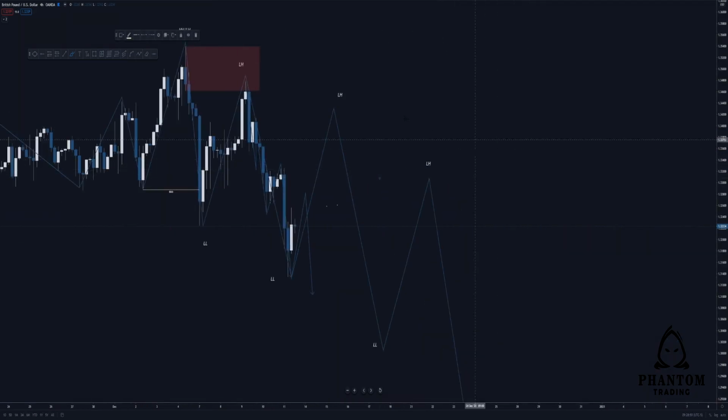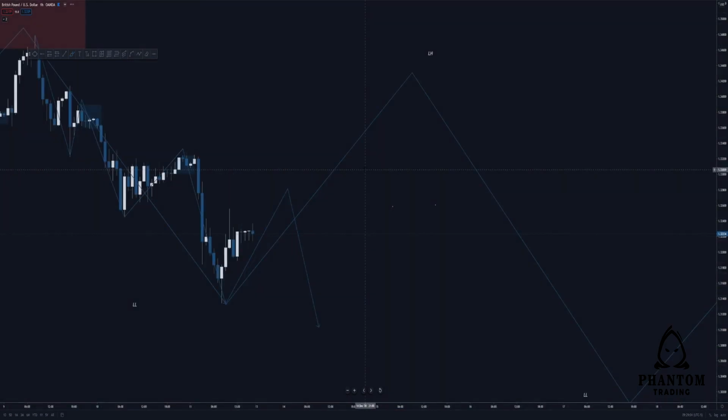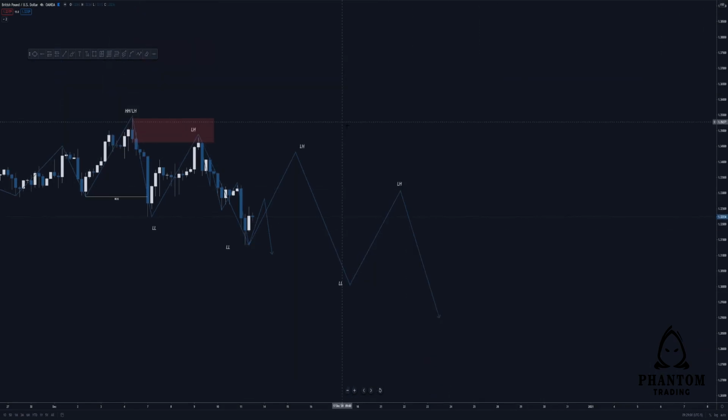Now, if we look at the 4 hour again, we still have the 4 hour high, lower high, which ultimately, if this is broken, will change the entire structure of the mapping.